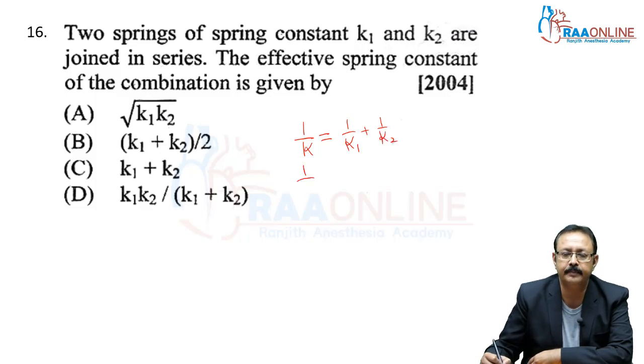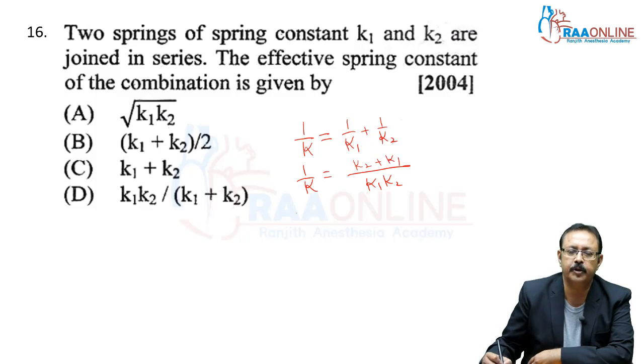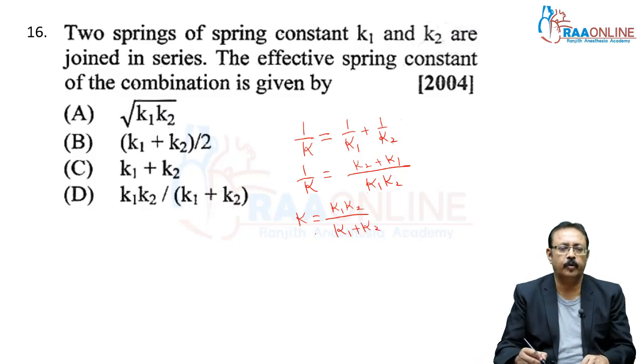So take the LCM. What we are getting is K1 K2 over K1 plus K2. So K should be equal to K1 K2 upon K1 plus K2. So we are going with option D.